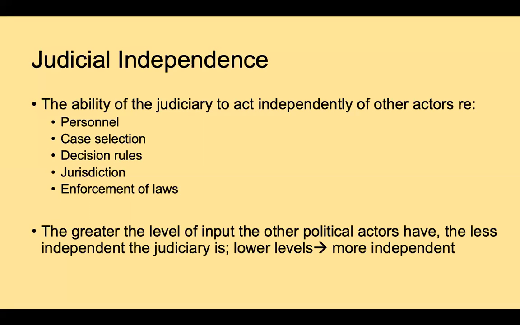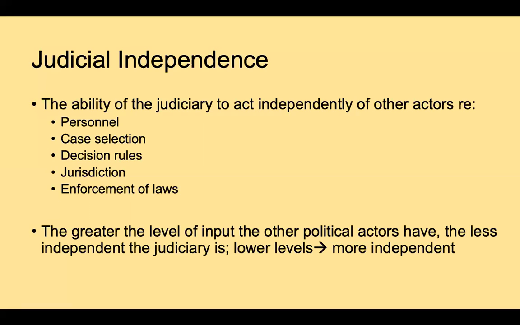And in particular, we think about it in terms of the ability of the judiciary to act autonomously or independently of other institutions with regard to the court's personnel, the case selection, the decision rules, the jurisdiction, and the enforcement of laws. Generally speaking, the greater the level of input the other political institutions have regarding these different dimensions, the less independent the judiciary is.